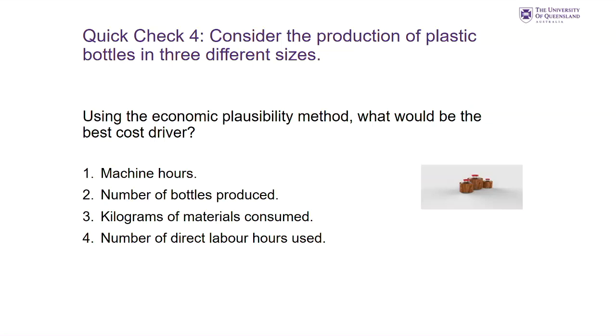We're assuming that producing bottles is mostly a machine process, and it takes the same amount of time on the machine to produce each bottle, even though they're different in size. There's very little labour involved, but the change in size means they use different amounts of materials. So the most economically plausible cost driver would be the kilograms of materials consumed. Does that make sense?